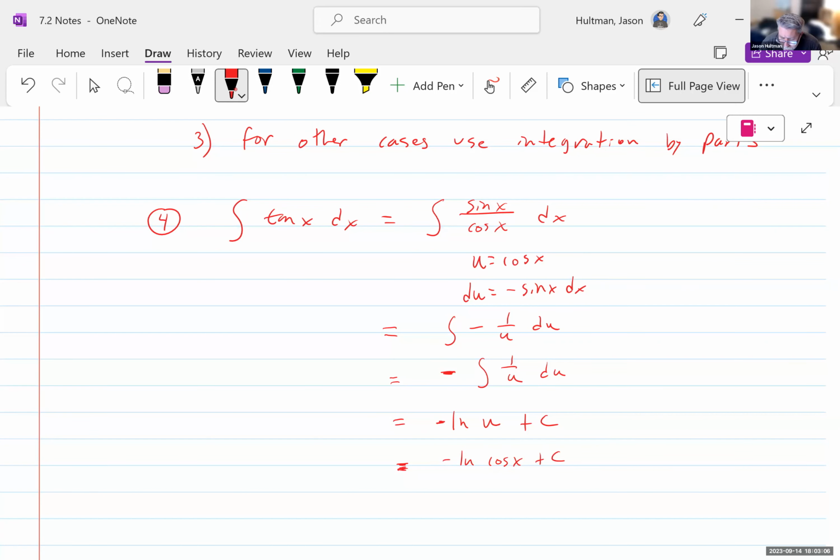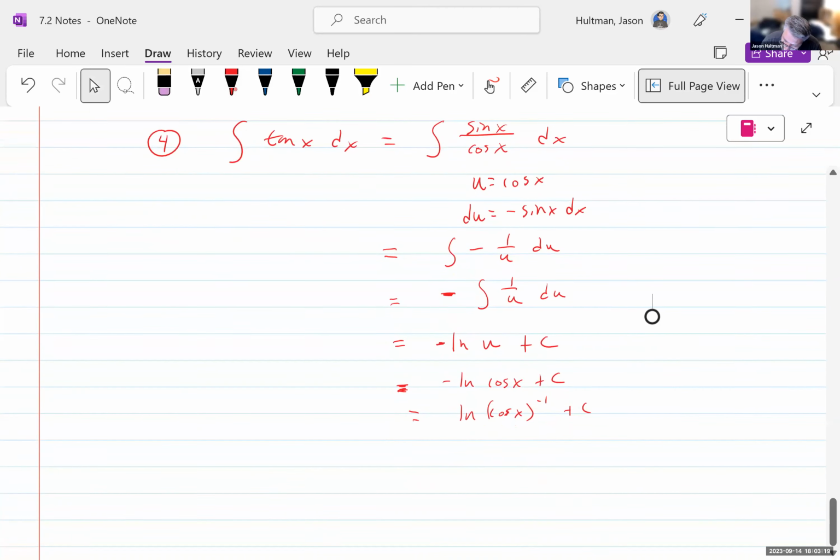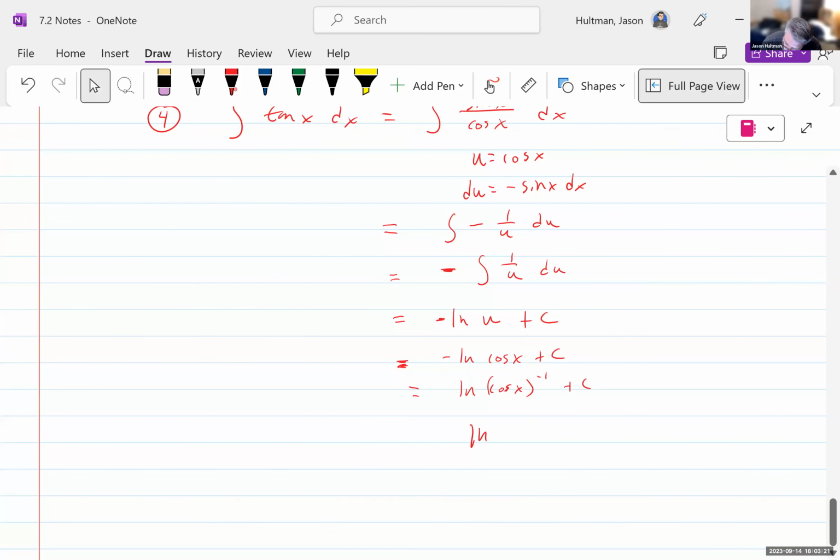But now I'm going to use a property of logs, in that this is really the natural log of cosine x to the negative first power plus c, which is really the natural log of 1 over cosine x plus c, which is really the natural log of secant x.